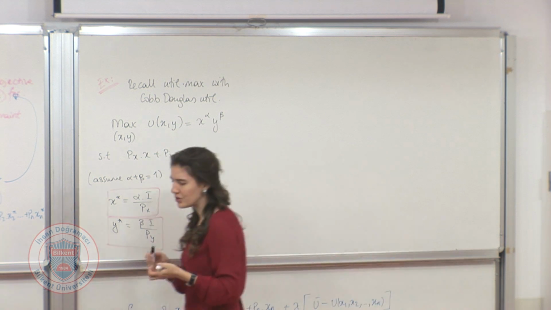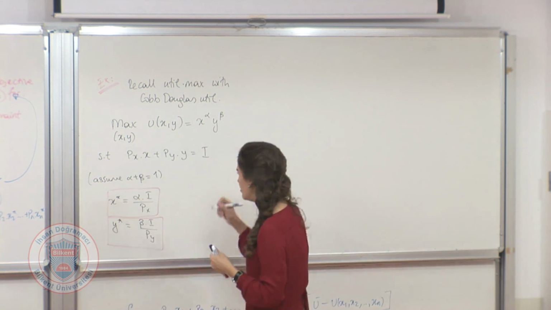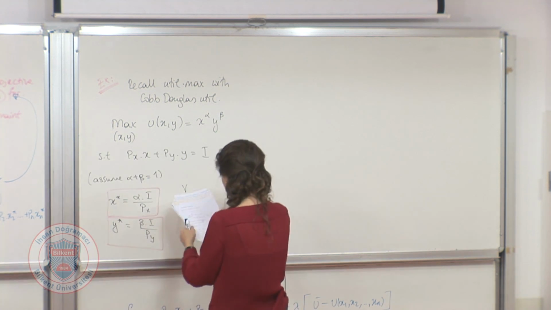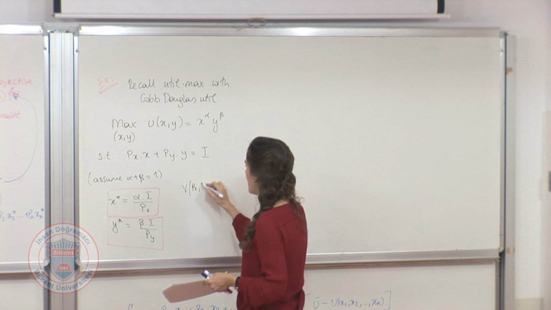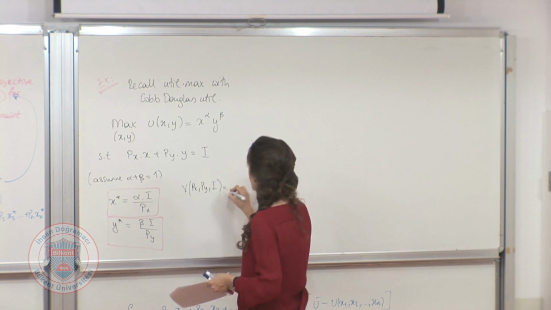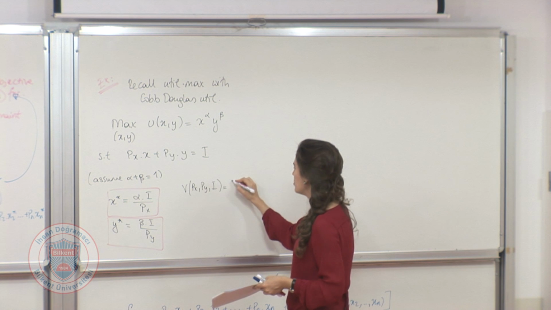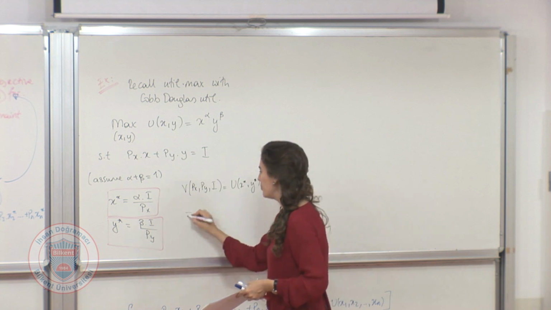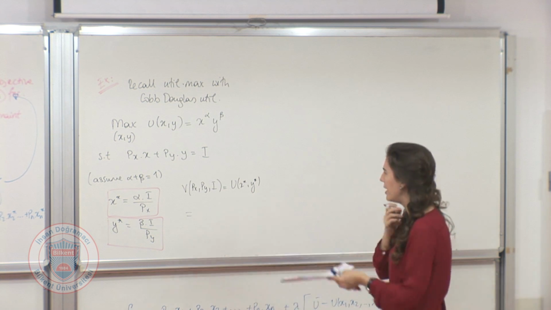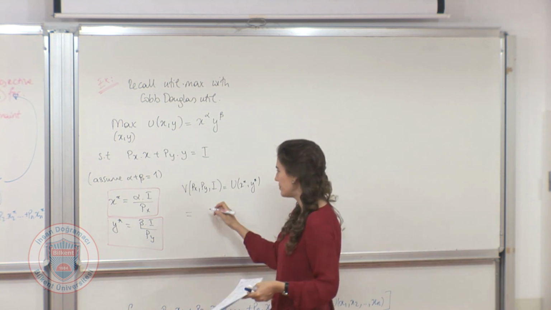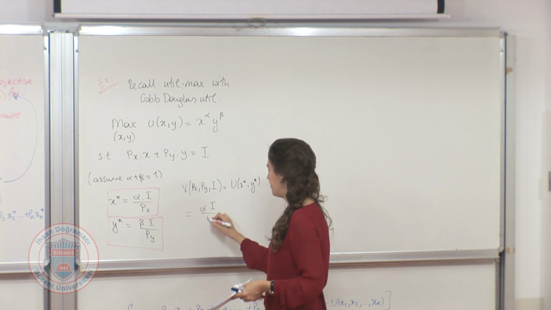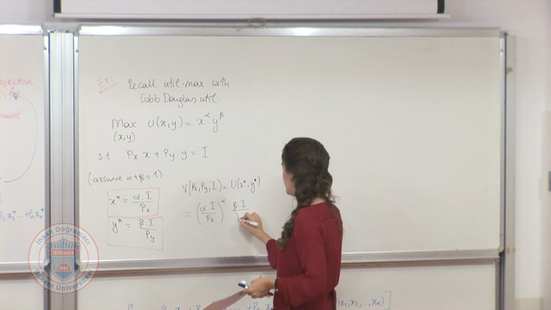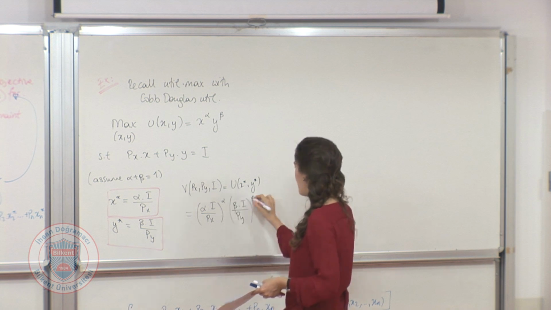And then we had the indirect utility function, which is a function of px, py, and I. When you put x star, y star into u, we get alpha I over px to the power alpha, times beta I over py to the power beta.